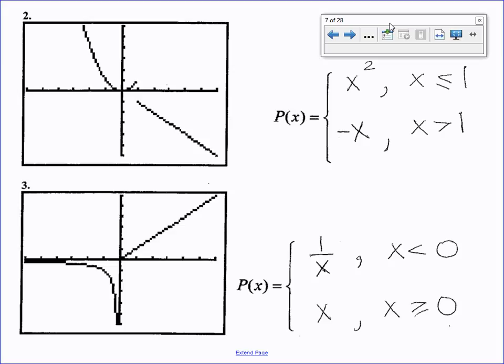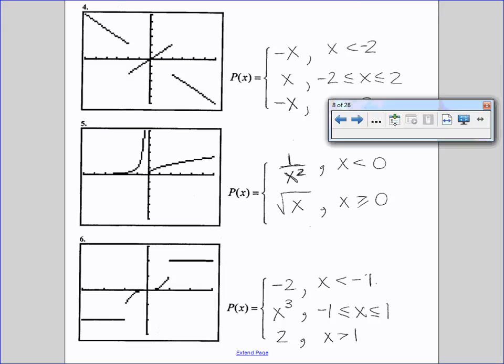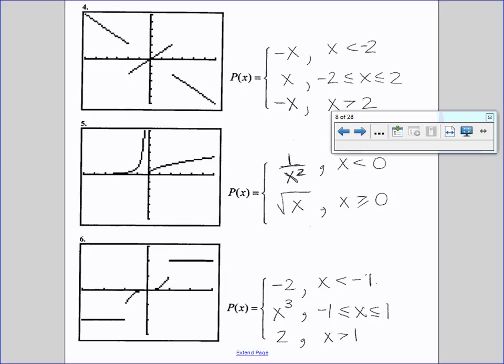Bottom of the page. Number 4, I broke up into 3 pieces: negative x, x, and negative x. Number 5, 2 pieces: the inverse squaring and the square root function.